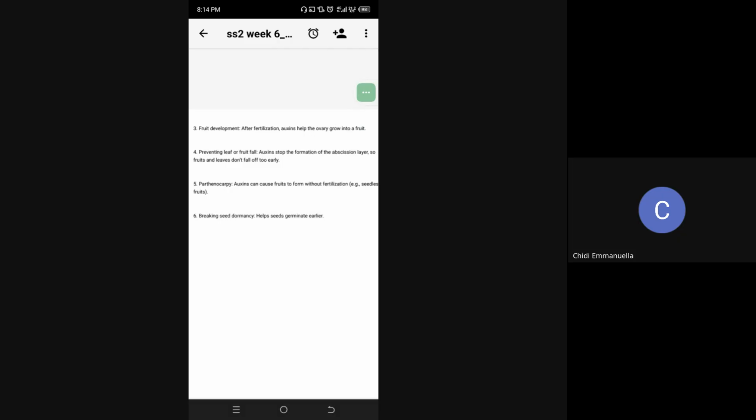Okay. Then five, parthenocarpy. Auxin can cause fruits to form without fertilization, e.g., seedless fruits. The definition is even there. So what is parthenocarpy again? Remind me.